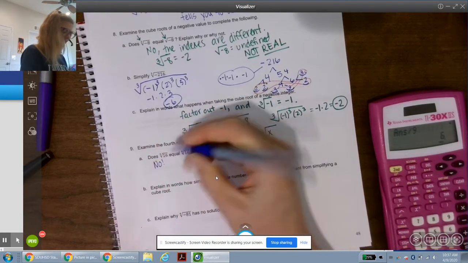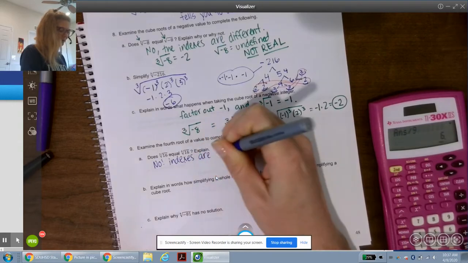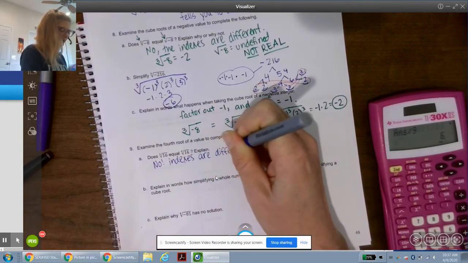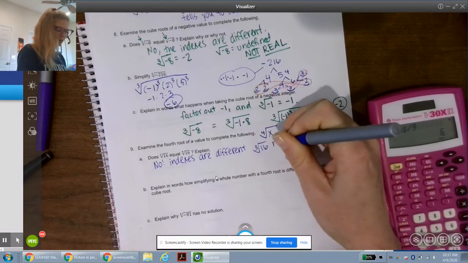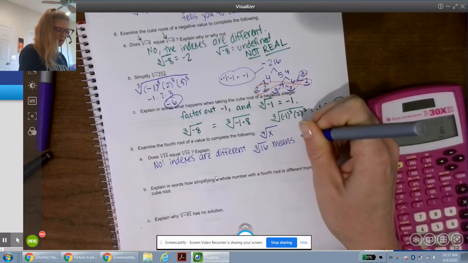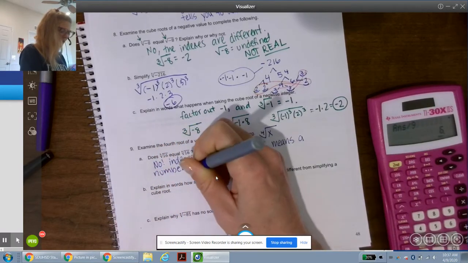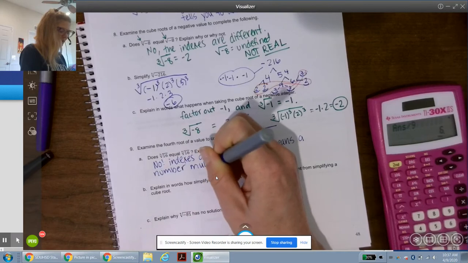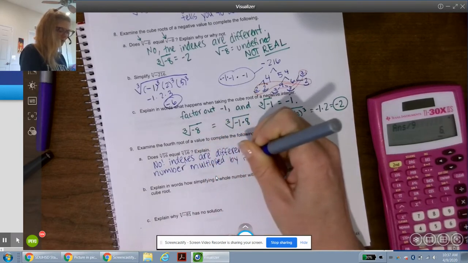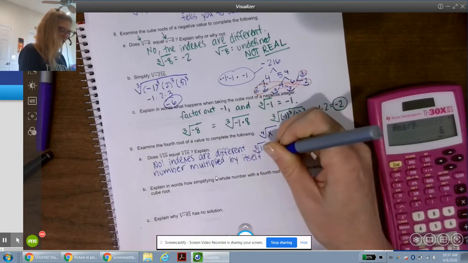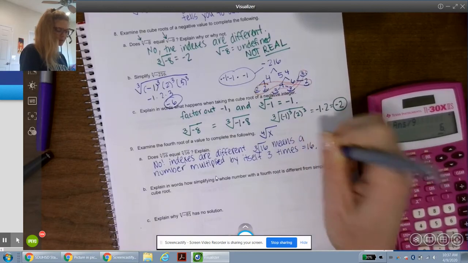No. Indexes are different. Cube root of 16 means a number multiplied by itself 3 times equals 16.